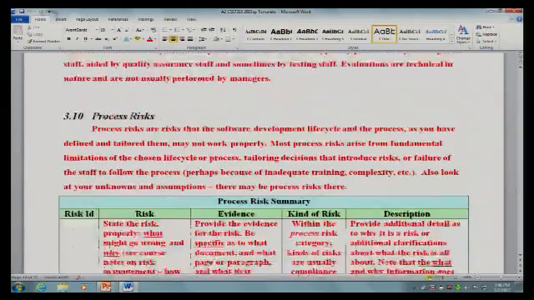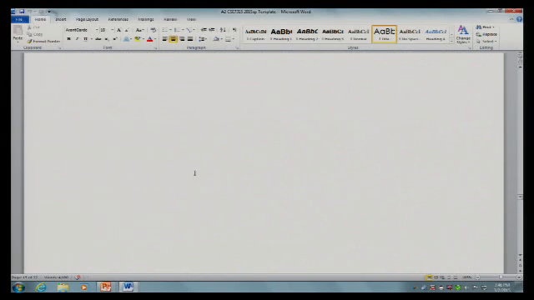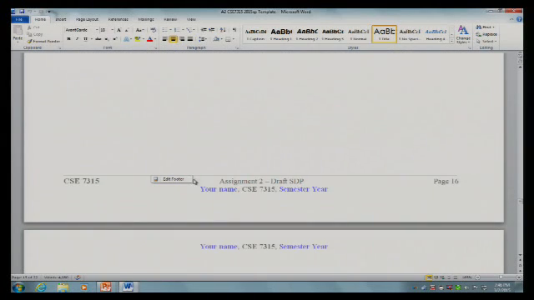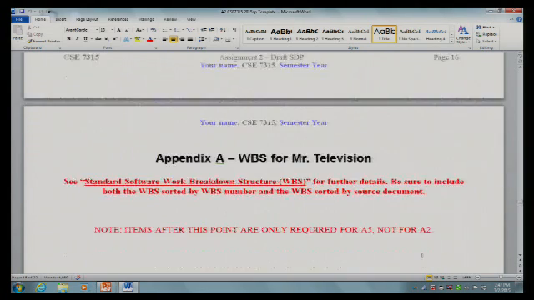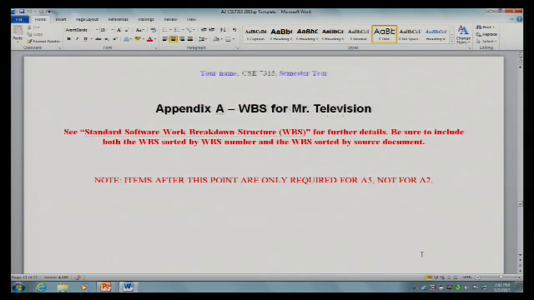Let's see if there's something else that I noticed when I was looking at assignment 2s. The only other thing I wanted to point out for assignment 2 is that what a lot of you did on the work breakdown structure didn't make sense. The numbers didn't make sense. Normally when you have an indentation, the number system, well, we covered it in class, and it's covered in the handout called the Mr. Television Work Breakdown Structure.